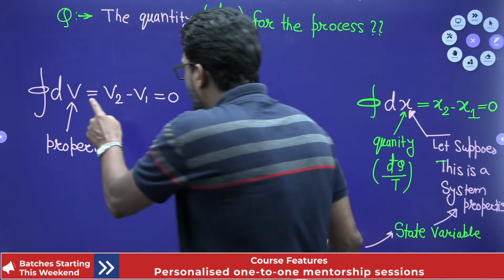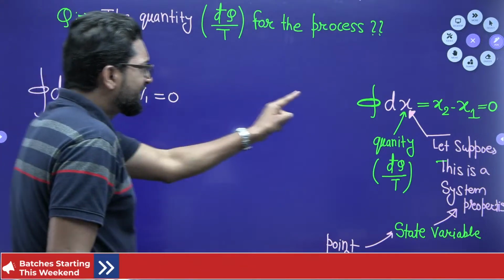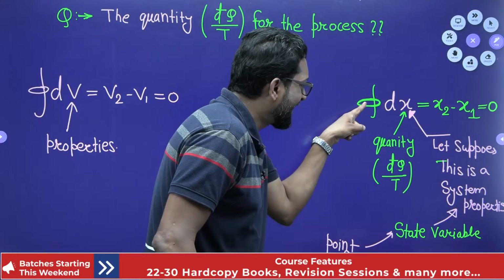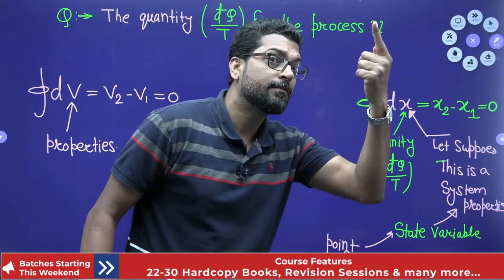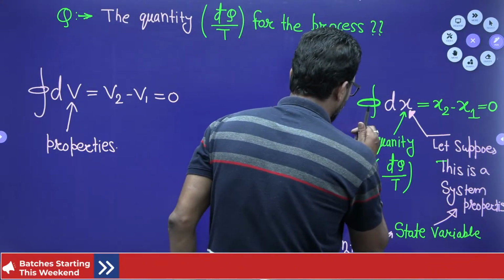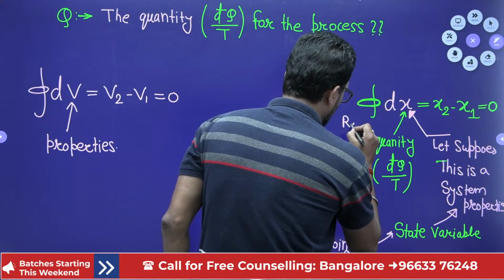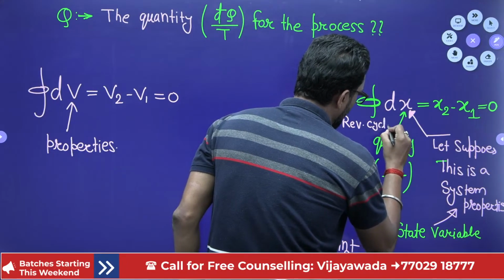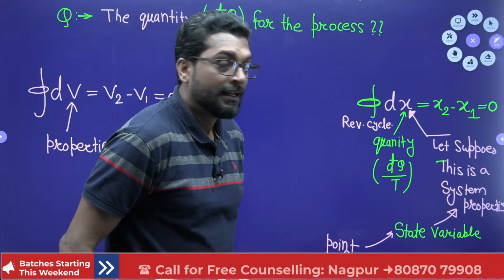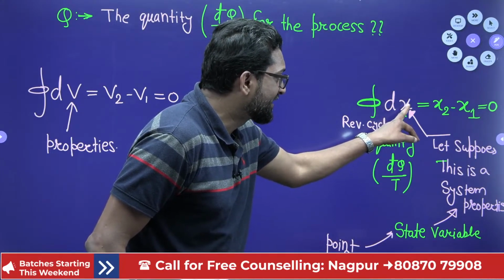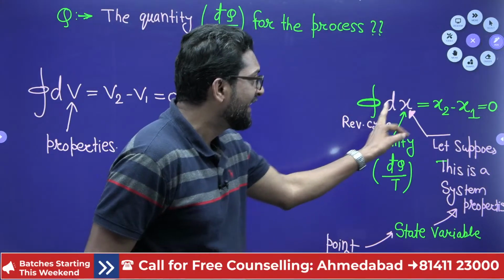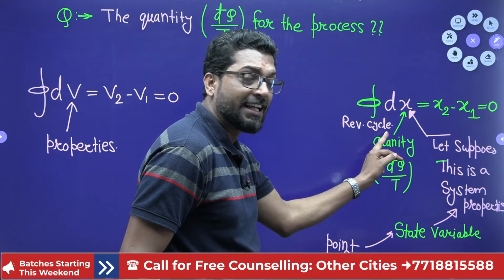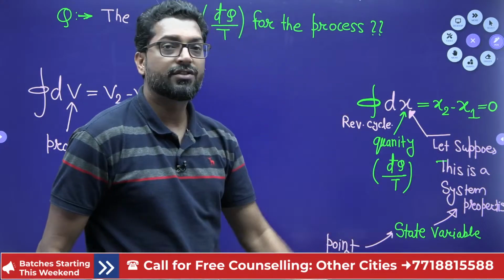That means in which sense is the cyclic integration of this x equal to 0? In the reversible sense. Okay, so we can say that if the cyclic integration of the quantity x is 0 for a reversible cycle, then that quantity is a system property.